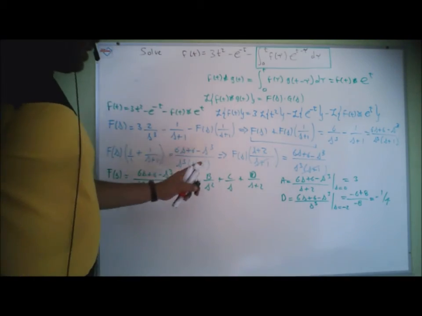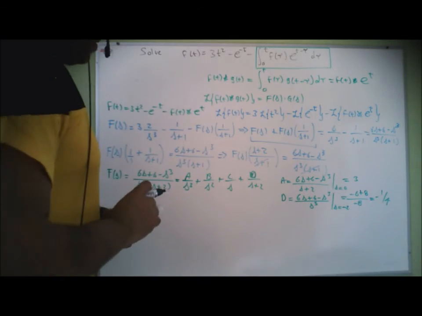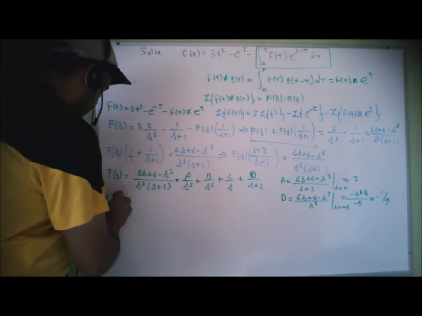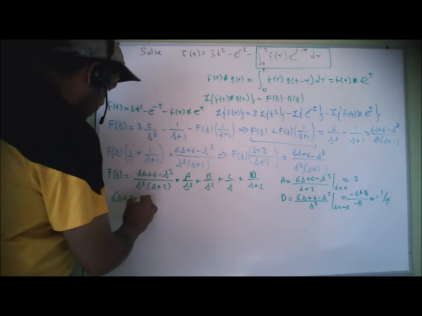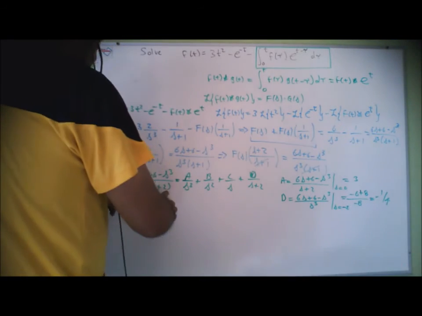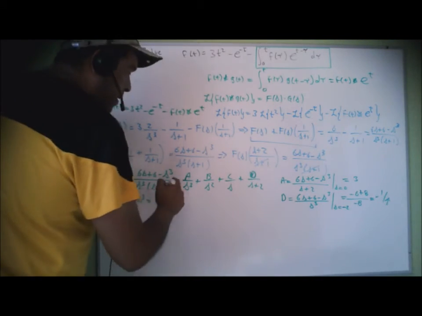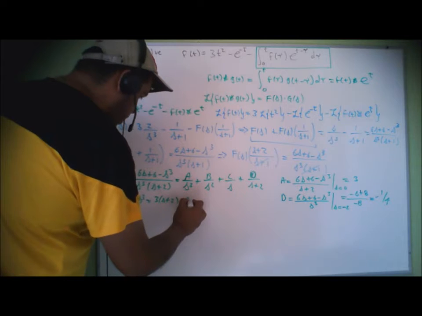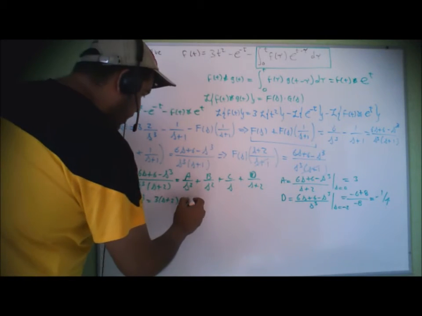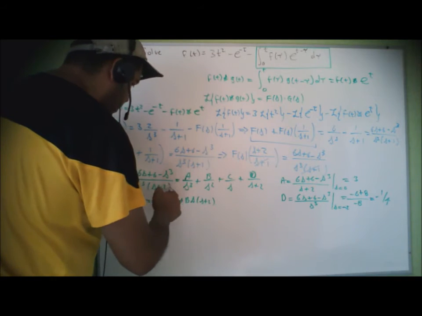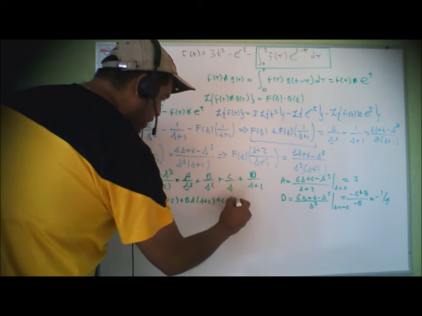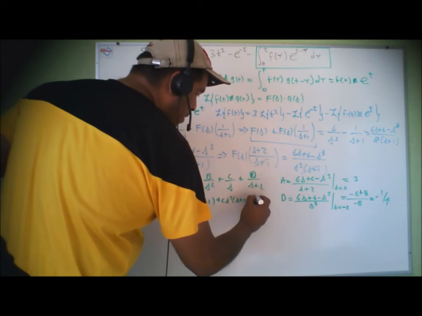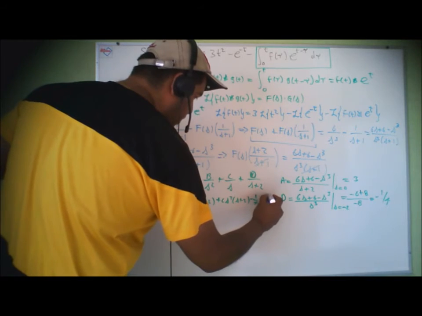Okay, so that is for the values of A and D, but what about B and C? Okay, we don't have other choice but making the common denominator. 6s plus 6 minus s to the power of 3 is equal to the common denominator here, this divided by this, A, but the value of A we already know, 3, s plus 2, plus B s, s plus 2, plus C s squared, s plus 2, and then D, but the value of D we already know, minus 1/4 of s to the power of 3.